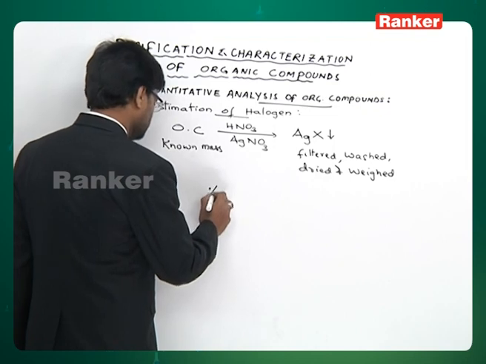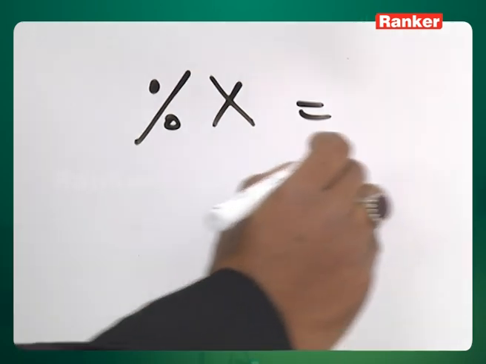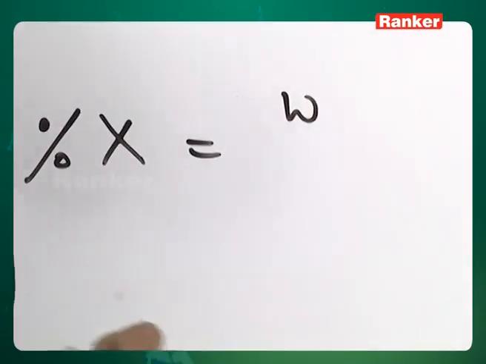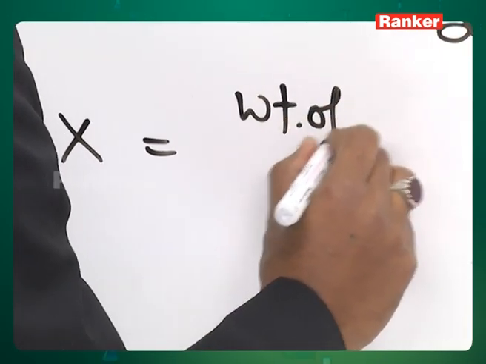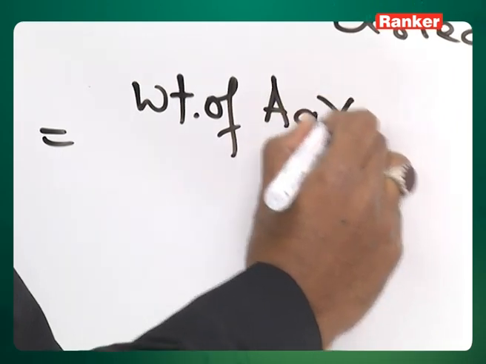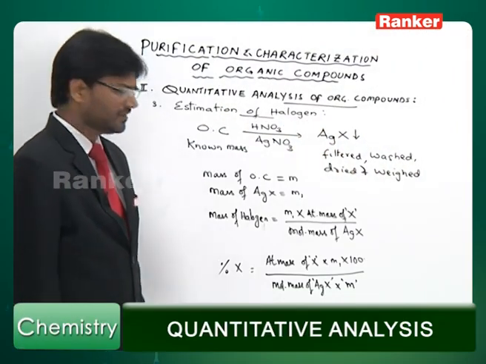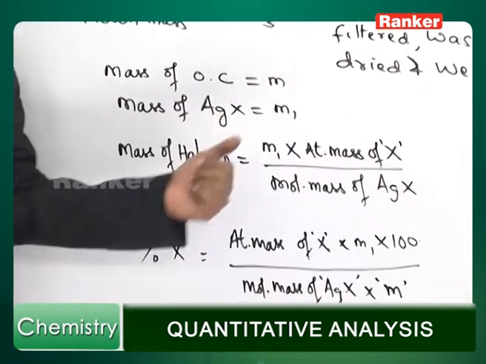Percentage X is equal to weight of AgX. Look at the calculation part of it. Let us assume that the mass of organic compound we take is m grams.